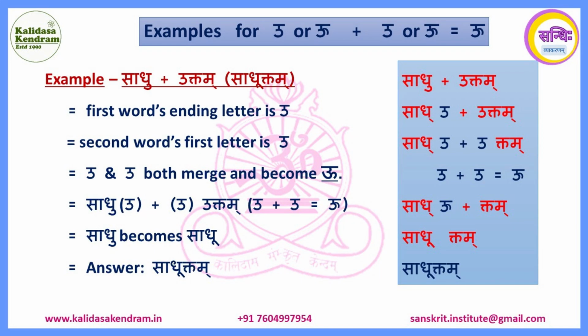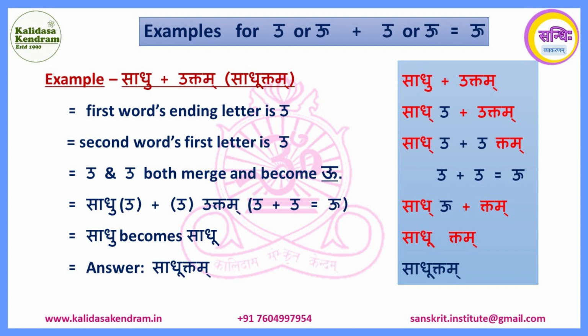Examples for the third rule. u or ū plus u or ū becomes one single long vowel ū. Sadhu plus Uktam, Sadhūktam. Remember, it's not Sadhuktam, it is Sadhūktam, one long vowel. The first word's ending letter is u. The second word's first letter is u. Again, both are short vowels.